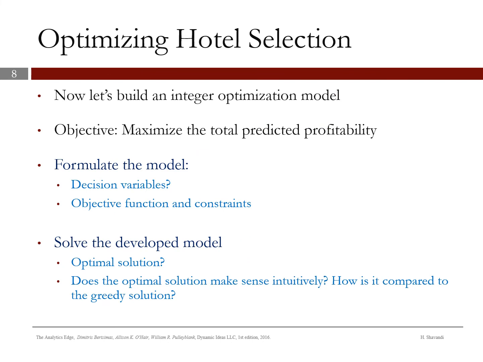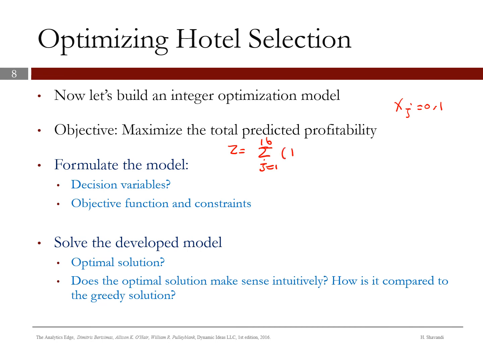Okay, so now let's build an integer programming model here. The objective function would be maximizing the total predicted profitability. If we define the decision variable xj as binary 0 or 1, then 1 would be buying the hotel in that location xj, and 0 would be not buying it. The objective function would be the sum over j going from 1 to 16, because we have 16 locations, right?